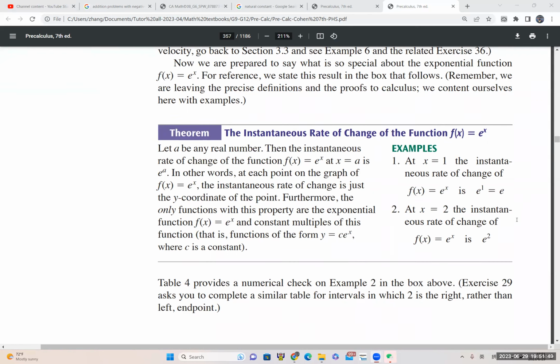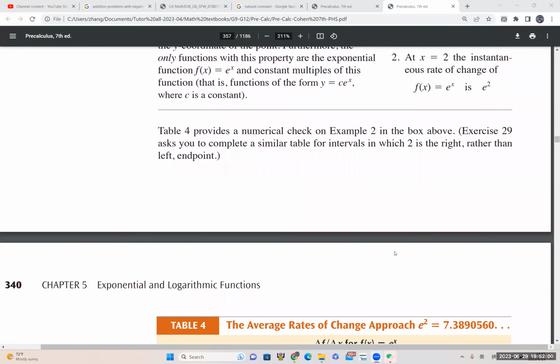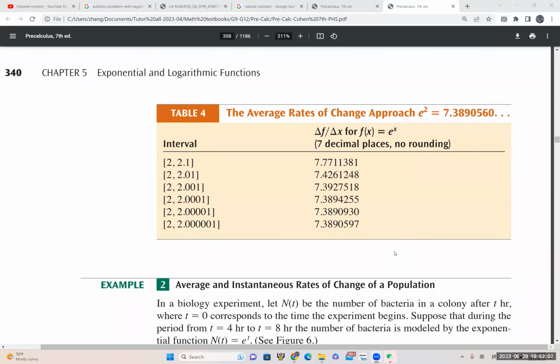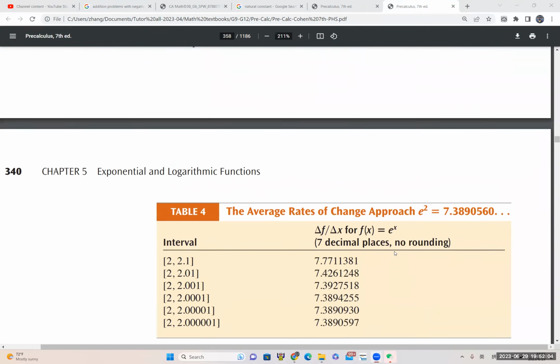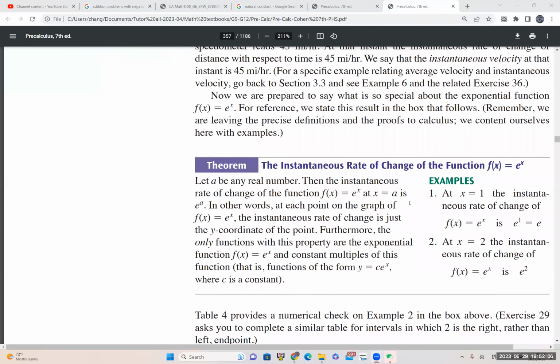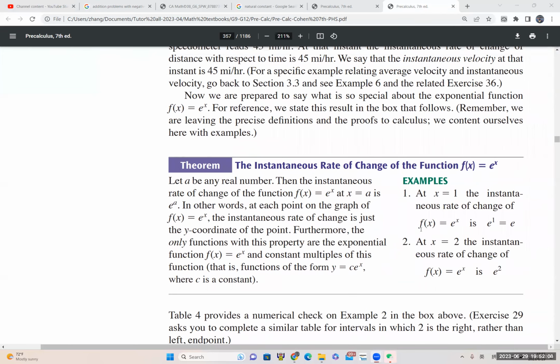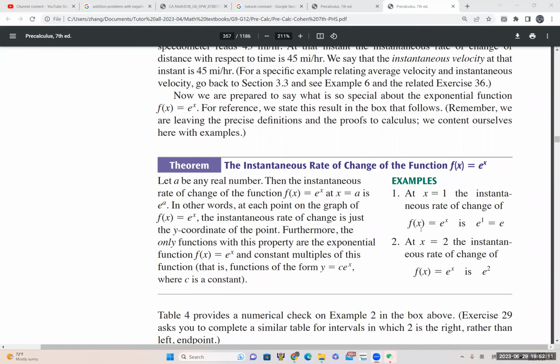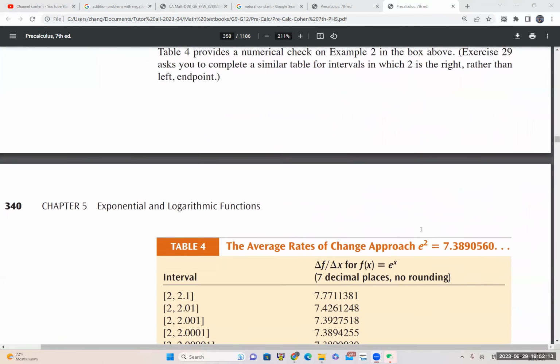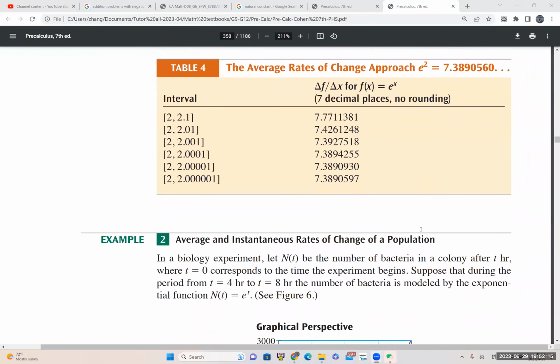This will be mentioned more in calculus. We don't really need to go too deep here. If you can remember this conclusion, of course, it's great, but if not, it's still okay.